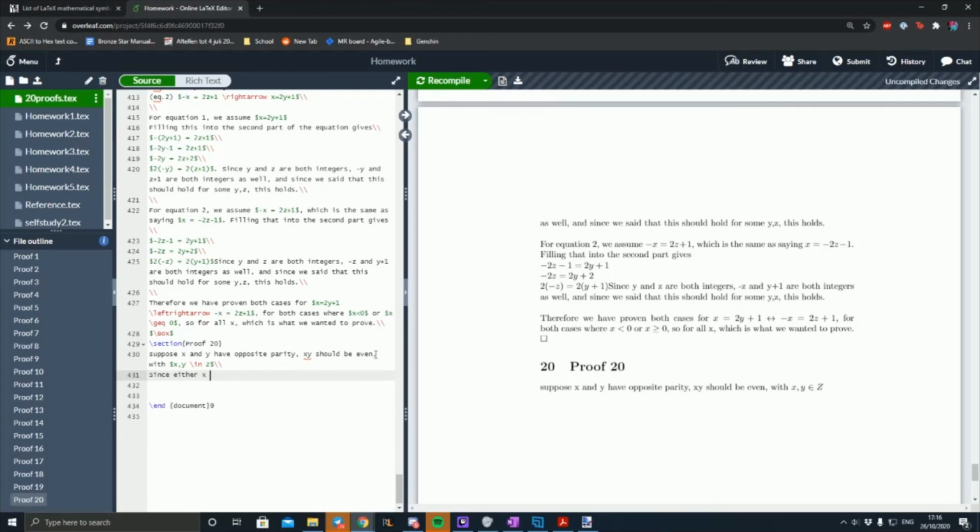So we can say since either x is even or y is even, by symmetry, it is enough to prove that it holds for x is even.